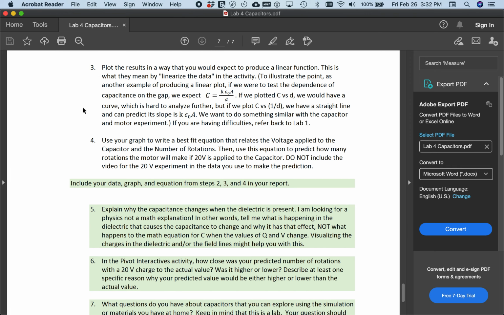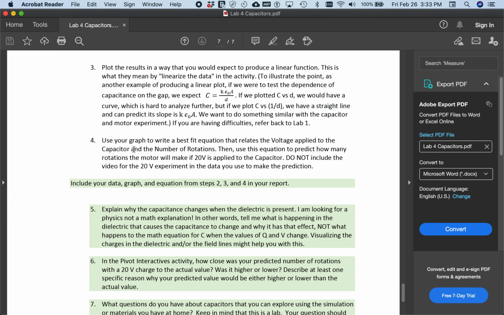And then once they have a graph, this part asks students to figure out on their own how to put their data, basically how they need to linearize their function.